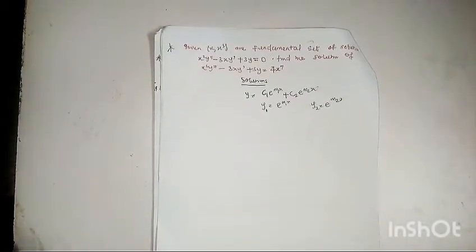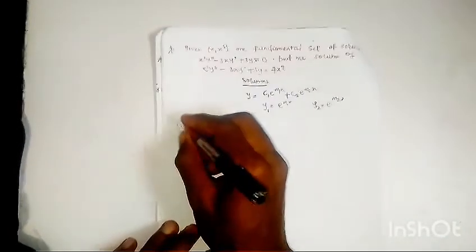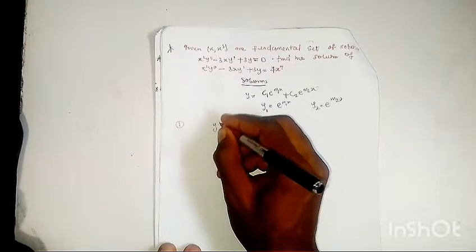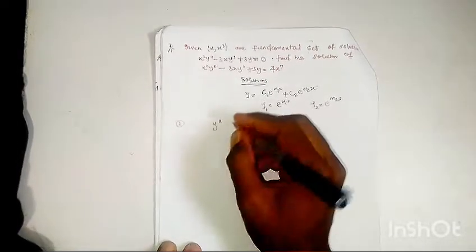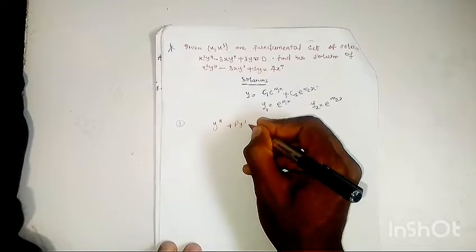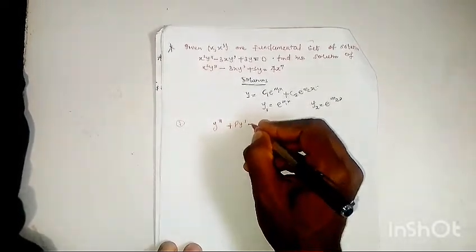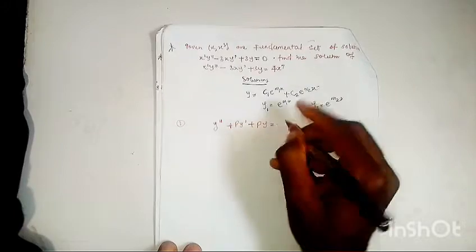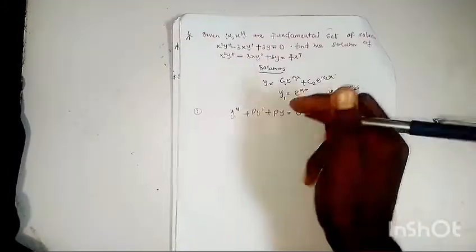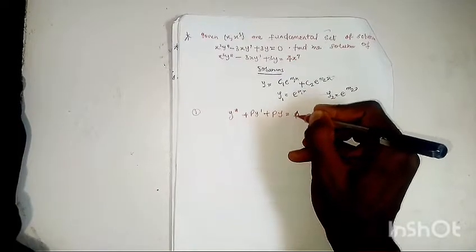The first step in solving variation of parameters is to express the equation in the standard form of a second order differential equation, which is y double prime plus p y prime plus q y equals a function of x.